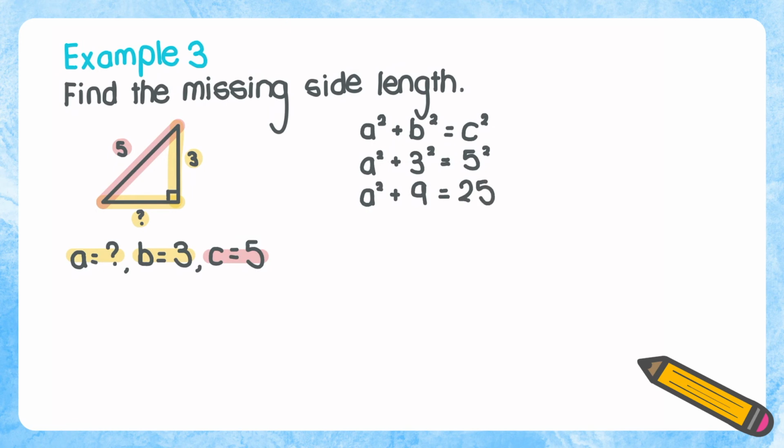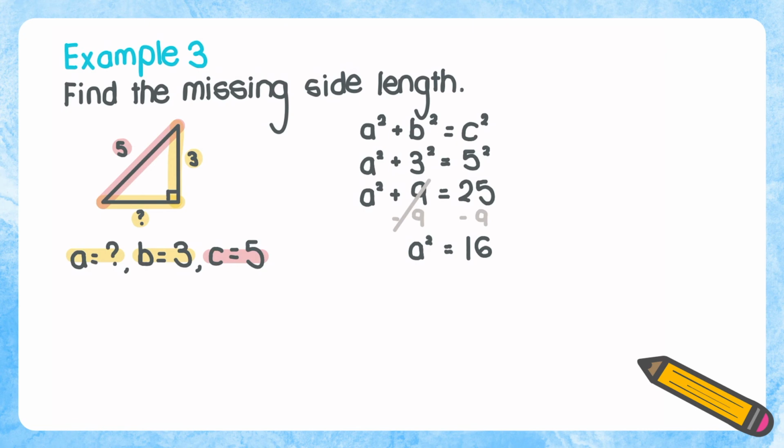And we want to isolate a, so what we're going to do first is subtract 9 from both sides. We're subtracting 9 from both sides because I want to get rid of that plus 9. We're left with a squared equals 25 minus 9, which equals 16.